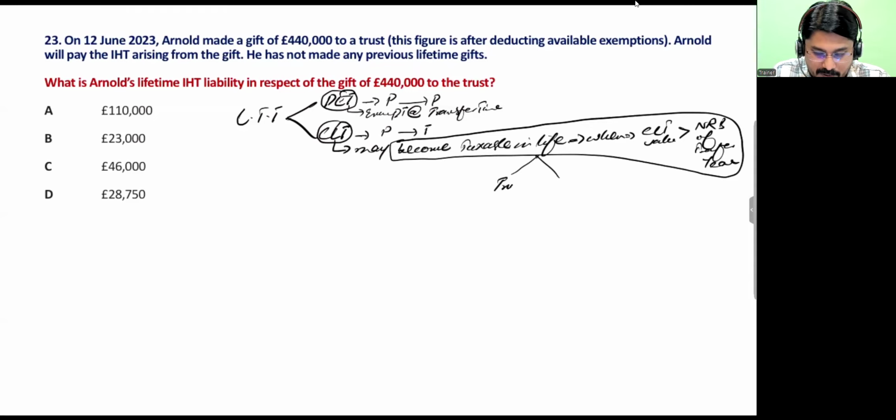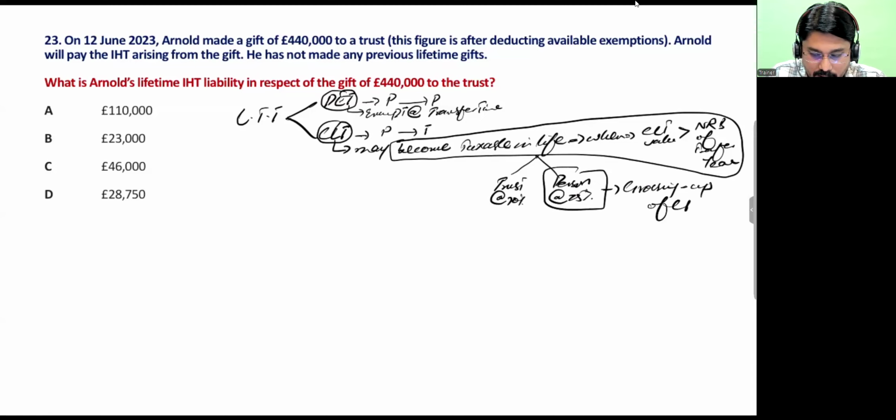If the trust performs the calculations, the trust would use a tax rate of 20%. When this tax amount is calculated by the person, it is calculated at 25%. This concept is known as grossing up of the CLT. Let me repeat. There are two lifetime transfers.